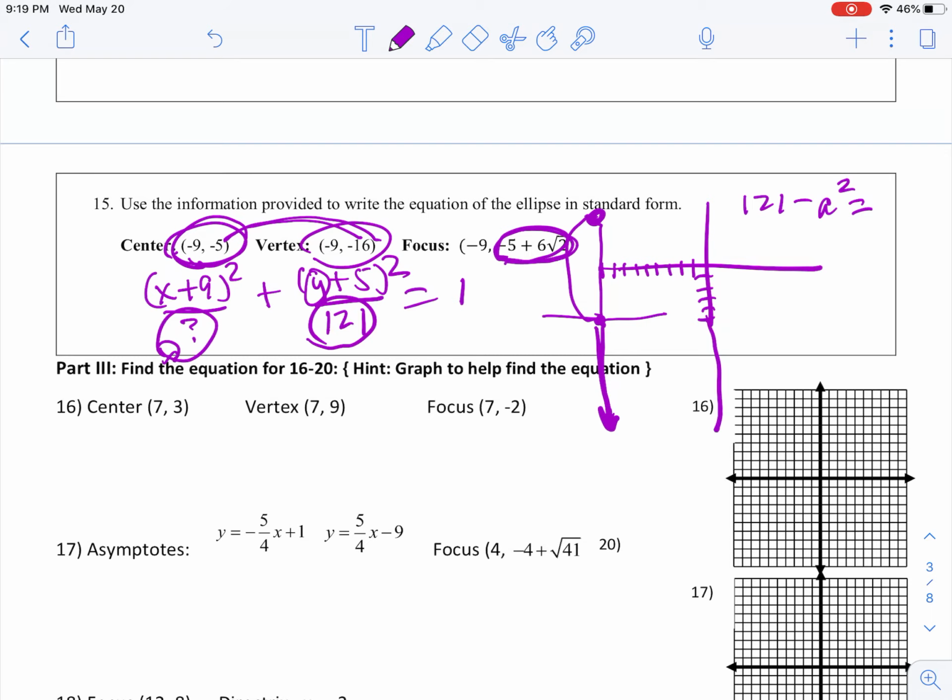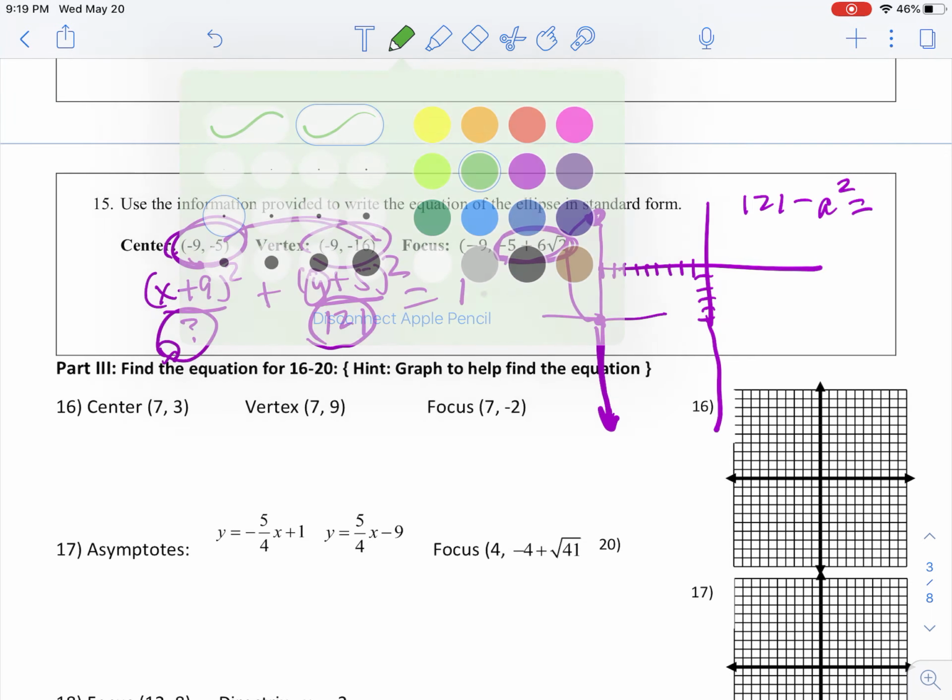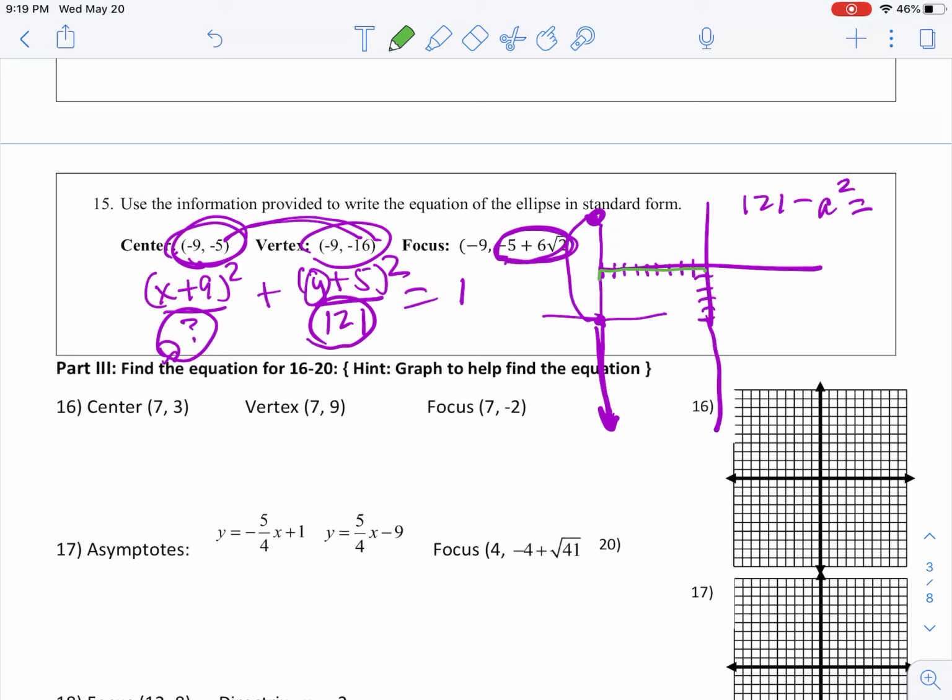You're at -9, -5. And I'm just going ahead and doing this just in case you ever need to do it. You wouldn't in calculus. That's your center. You know that it's an ellipse, and another vertex is -9, -16, so there would also be one up that way.